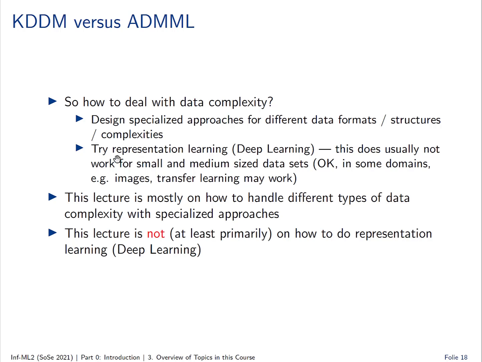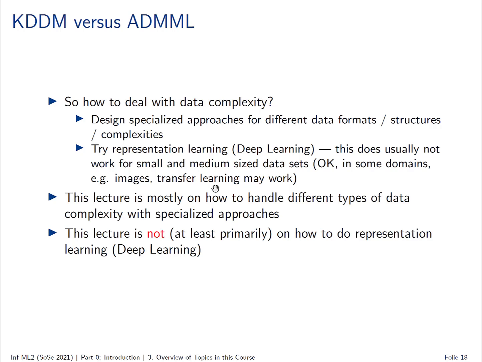You can also, of course, try representation learning as a kind of transfer learning problem, so that you use pre-trained networks and try to transfer them to your problem. But that usually doesn't work too well for small and medium data set sizes.